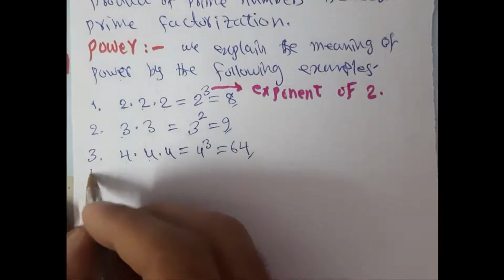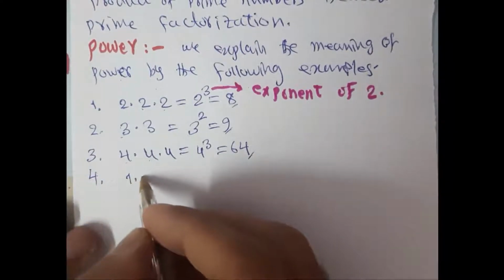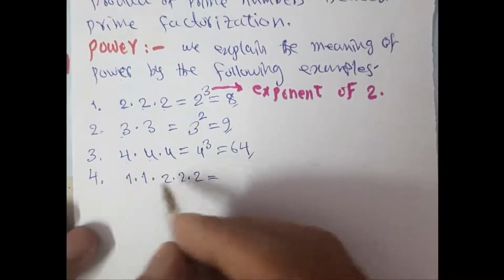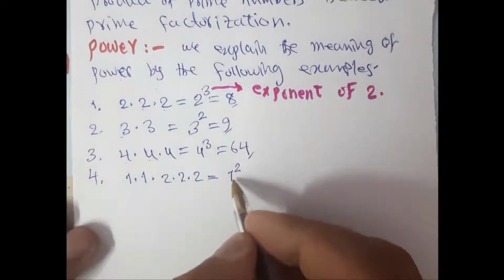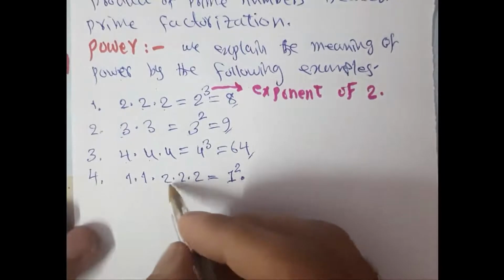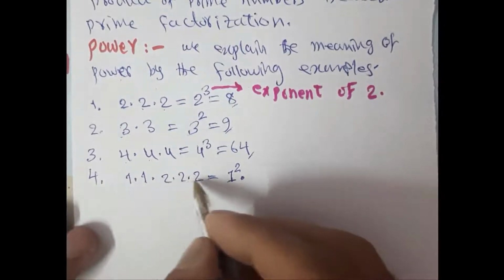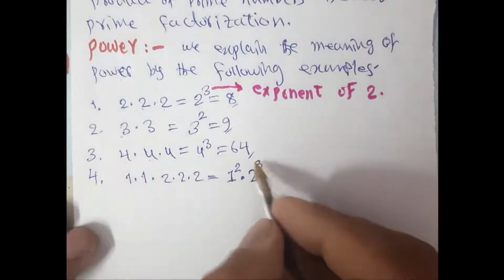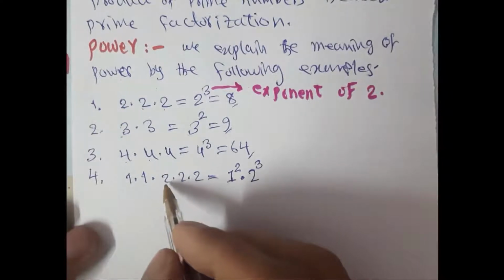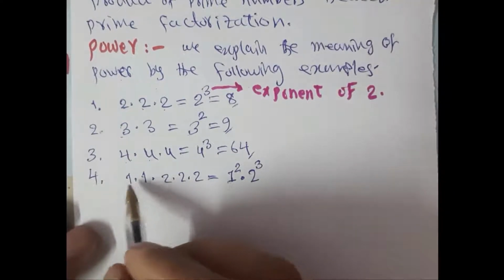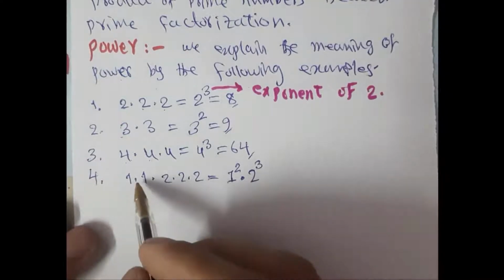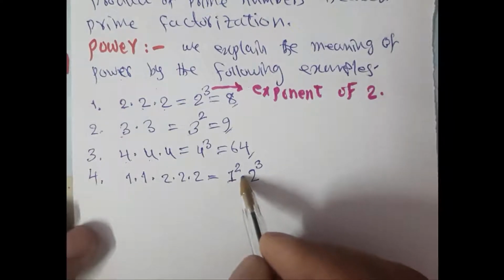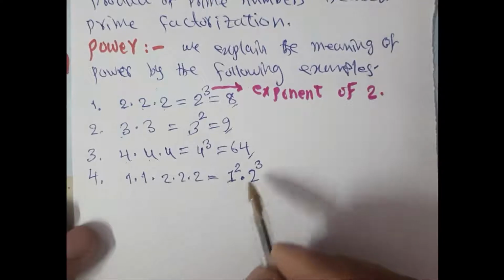Number 4: 1 times 1 times 2 times 2 times 2. We can write 1 power 2 times 2 power 3, because 1 is repeated 2 times and 2 is multiplied 3 times.